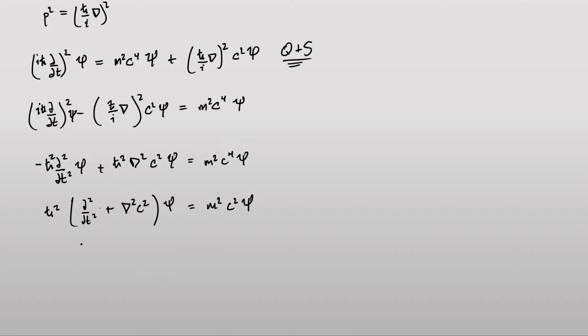Right, and then I can divide everything out by h bar, and actually I keep on putting a squared here. That should be c to the fourth. So I can divide both sides by h bar squared, and I'm just going to get that, right?